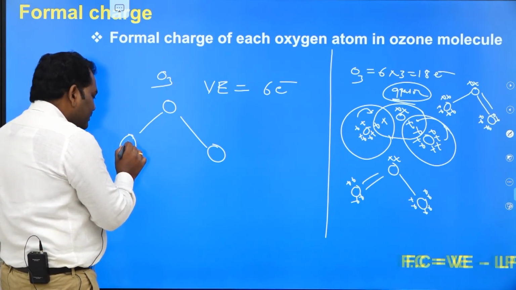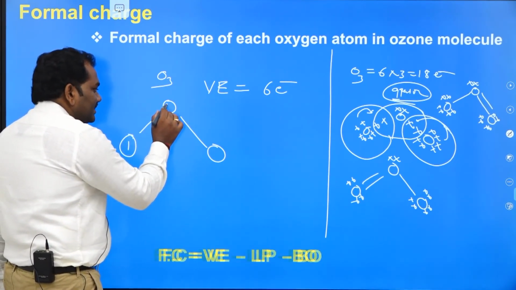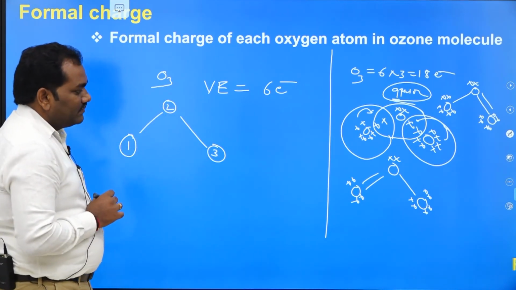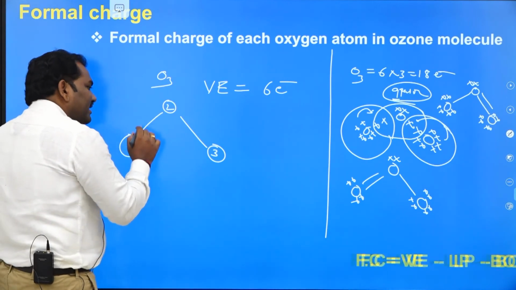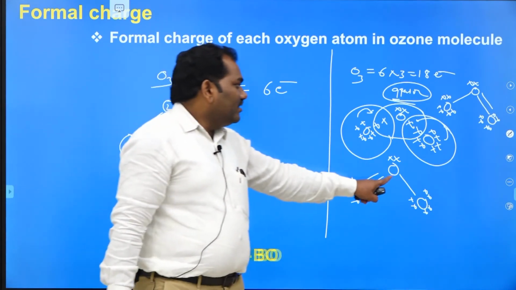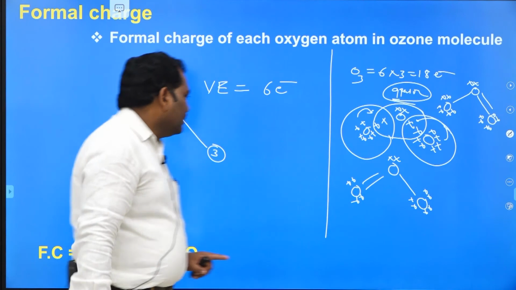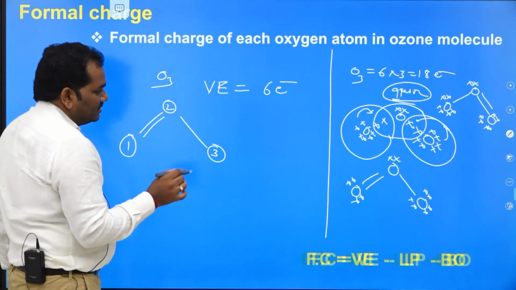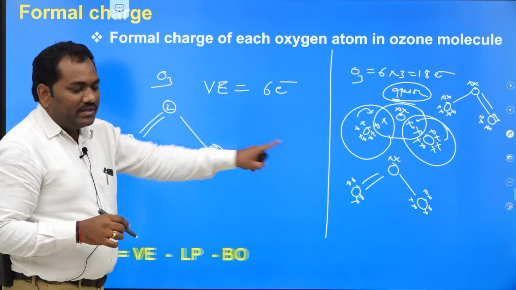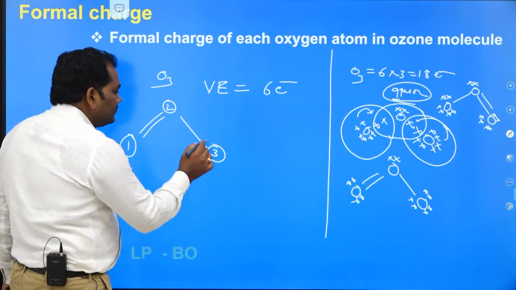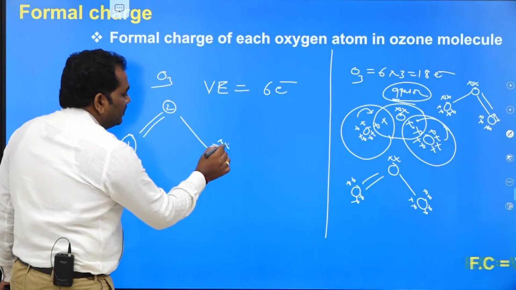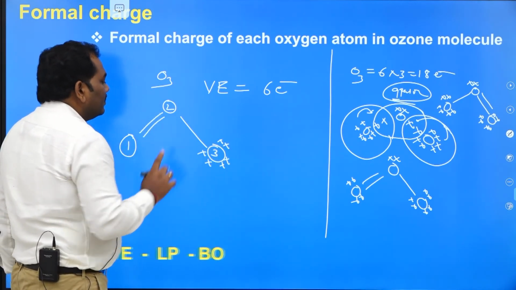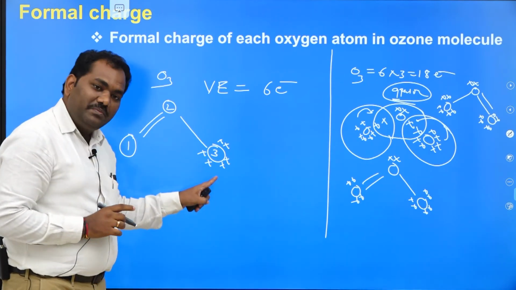This is considered the first oxygen atom, this is the second oxygen atom, and this is the third oxygen atom. You can take any one oxygen atom, this one or that one. Here, the third oxygen contains one bond pair and three lone pairs.